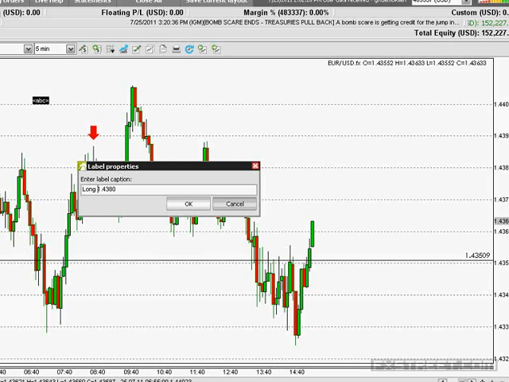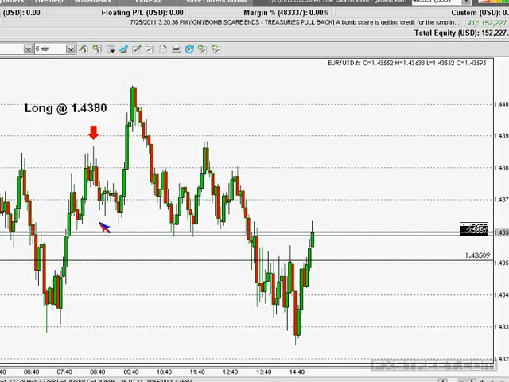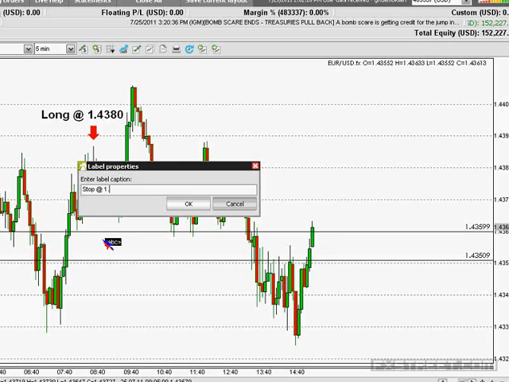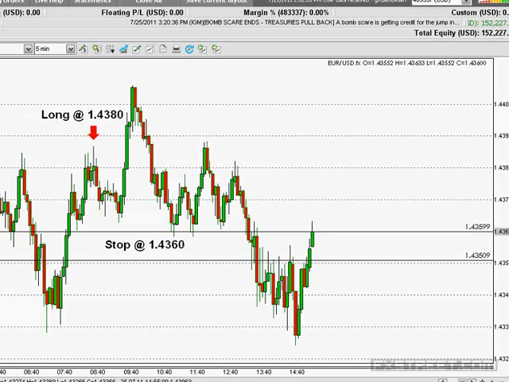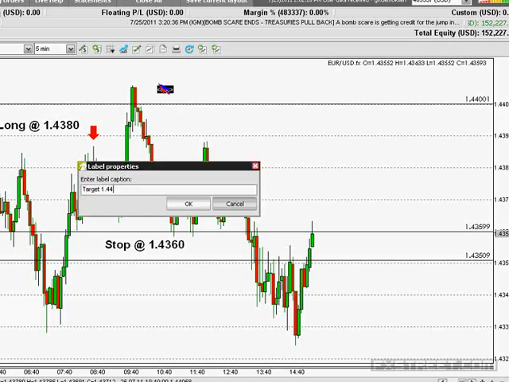Our stop would have been 20 pips below this. So then our stop would have been at 143.60. And then our target would be at the OO. So I'm just going to draw the horizontal line here. Target 144.